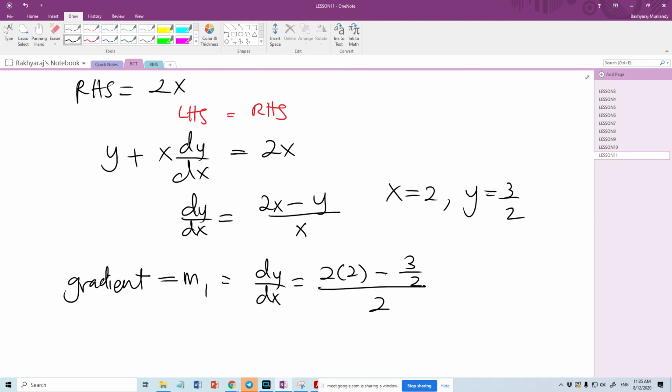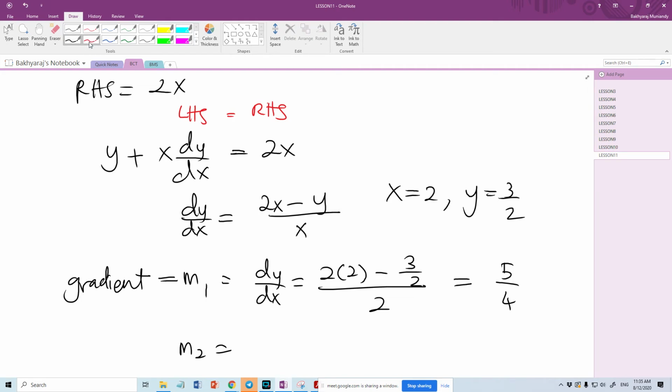Okay, macam mana dapat dy dx? Ganti saja. Okay, what is the answer? Okay, so you get 5 over 4. Okay, once you get 5 over 4, now what is m2? M2 equals to what? Yes, correct. Very good.